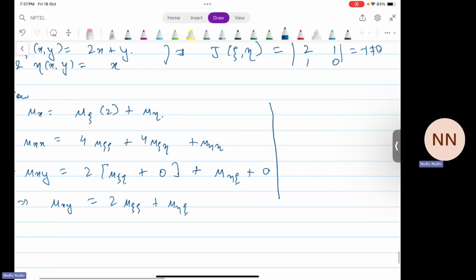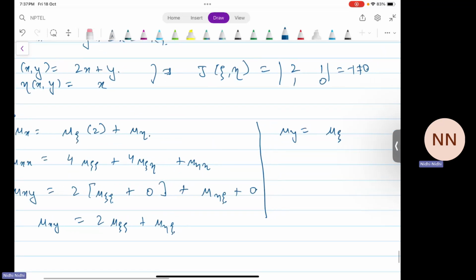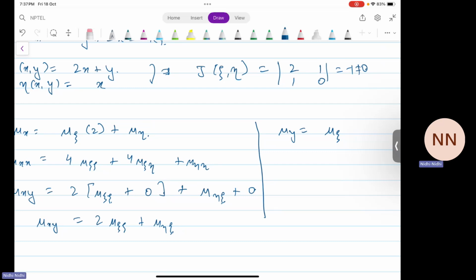Similarly, we have uy is equal to u zeta plus u eta times del eta by del y, which is again 0. Uyy is equal to u zeta zeta, derivative of zeta with respect to y is 1, plus u zeta eta times del eta by del y, which is 0. So basically this is just u zeta zeta.